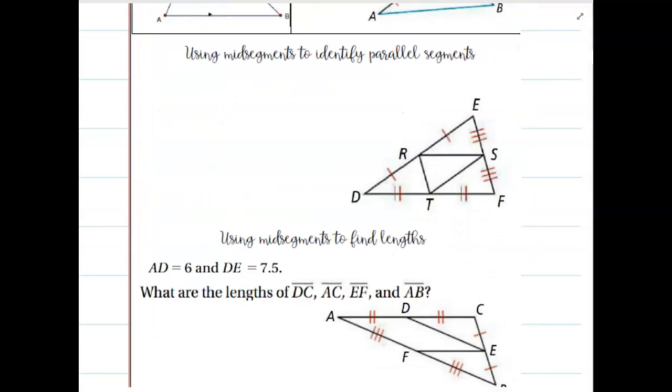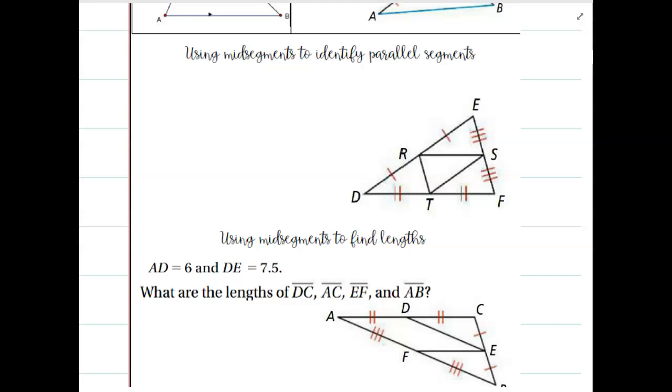The first thing we're going to talk about is using this idea of mid-segments to identify parallel lines. Remember, if you have a line that is a mid-segment, that mid-segment is going to be parallel to that opposite side. So the first thing you have to do is identify where your mid-segments are. Remember, each endpoint of a mid-segment is the midpoint of that side.